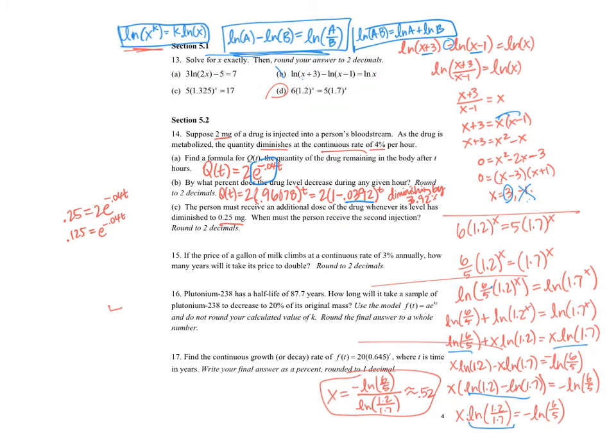And then I can take the natural log of both sides. Since natural log and e are inverse functions of each other, we just get negative 0.04t. And then I can divide by negative 0.04.